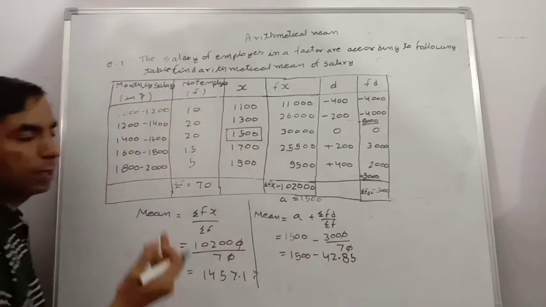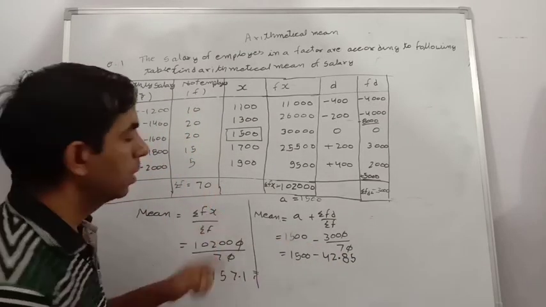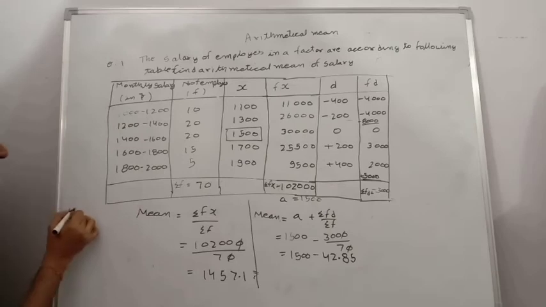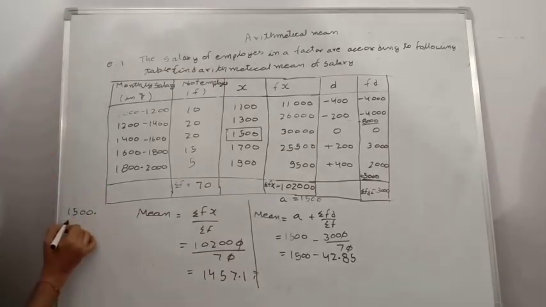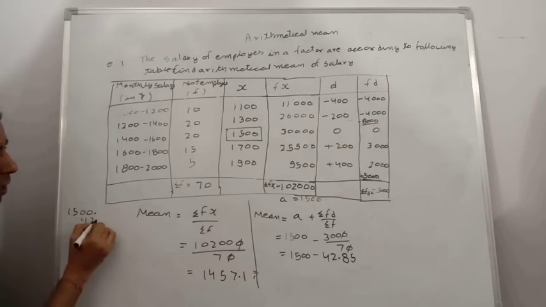We divide it up to two decimal digits, so we get 42.85.